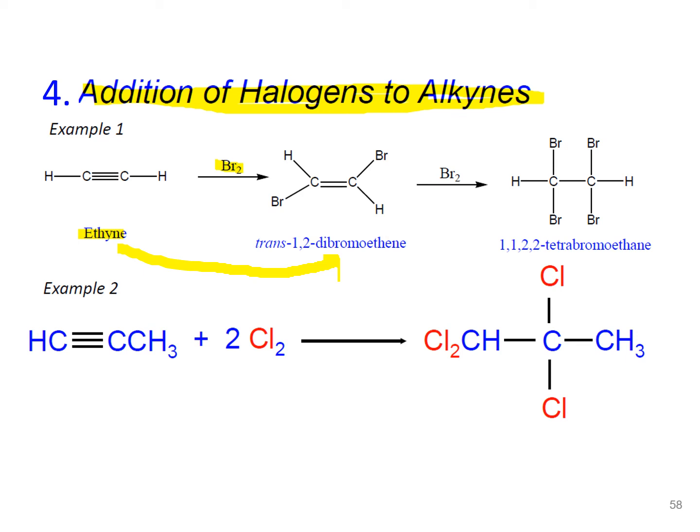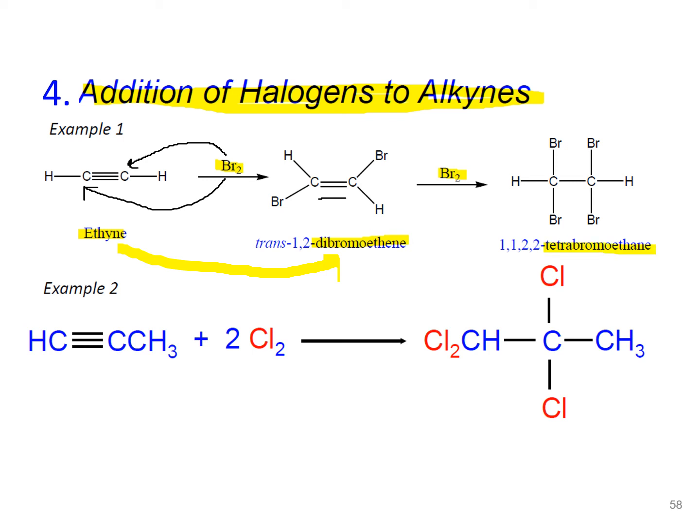As I said, this one is a symmetrical reaction. So one bromine is added to each carbon. Basically, the triple bond is going to be converted into a double bond, as we can see here. In the presence of enough bromine, this will continue, and this dibromoethene will be converted into tetrabromoethane.